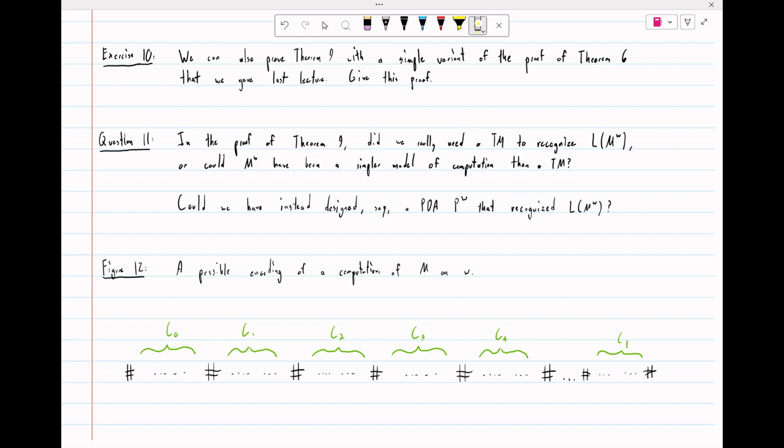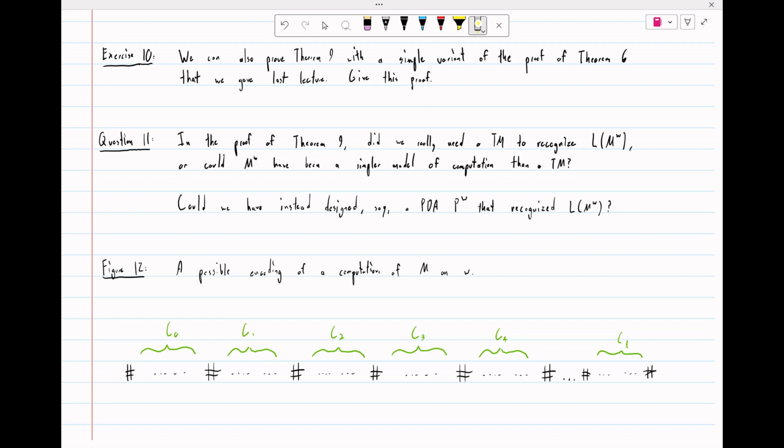So maybe what our PDA can do is, at the very beginning of my computation, non-deterministically choose one of the three conditions to test. If I non-deterministically check that C0 is the start configuration, then I can do that, and if it is the start configuration, that branch dies. In other words, it rejects.